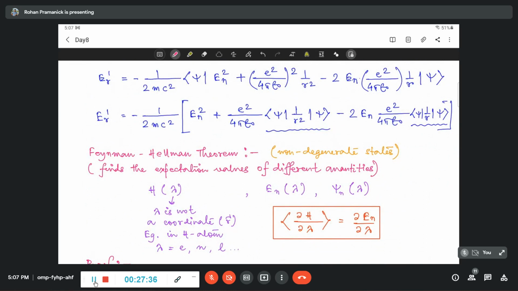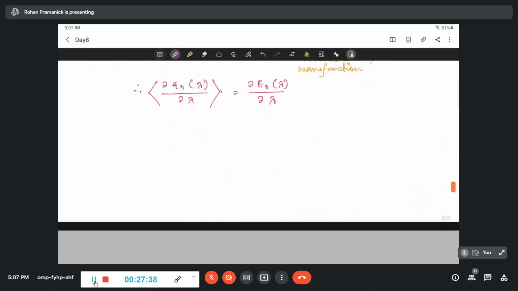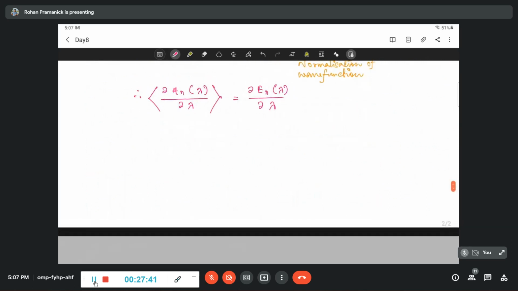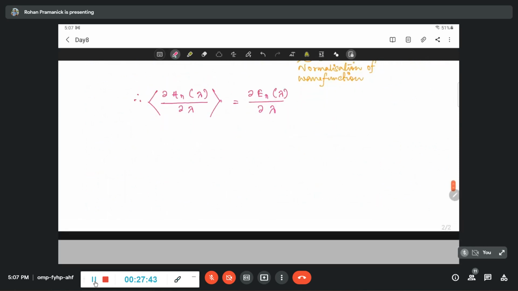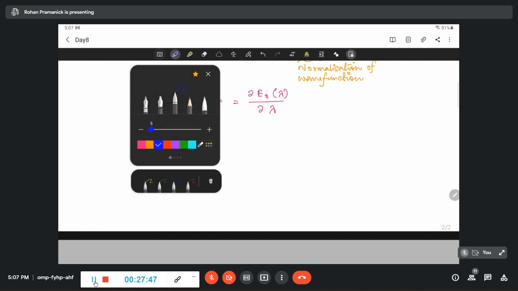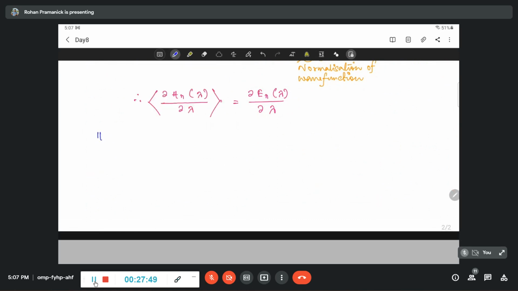So let's write what is the Hamiltonian. This H n, what I have written here, is the unperturbed Hamiltonian. This H is the radial part.